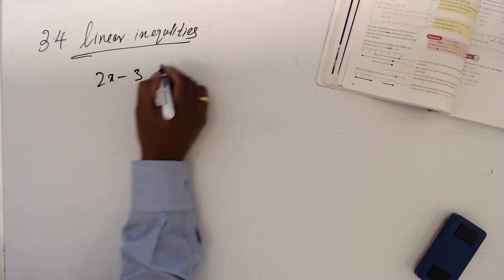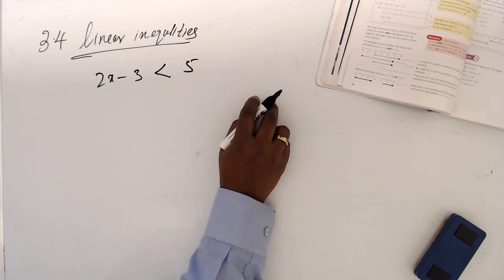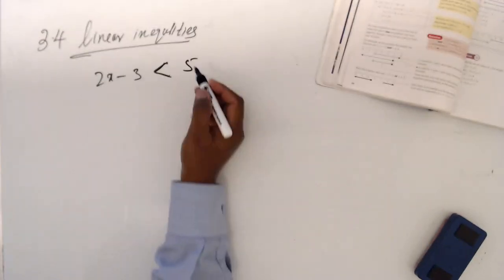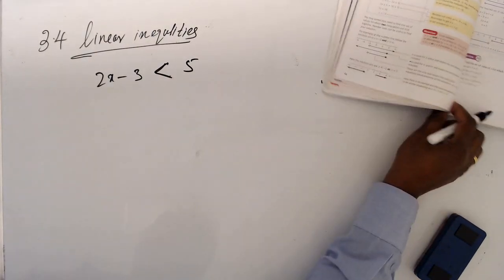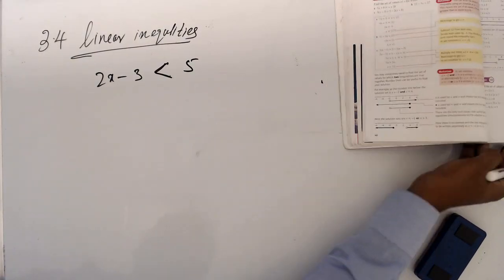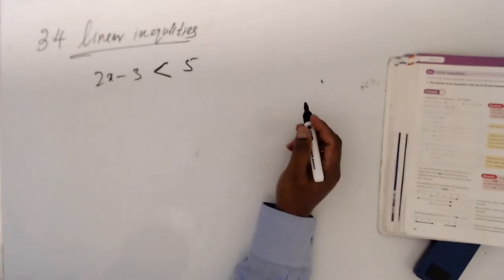2x minus 3 less than 5. I have no right to change this inequality, because sometimes an inequality is an interpretation of data.